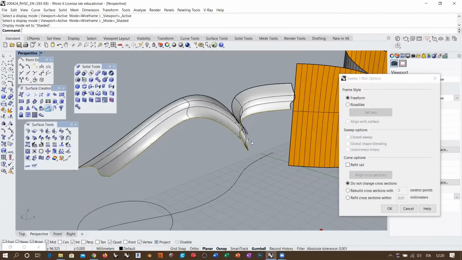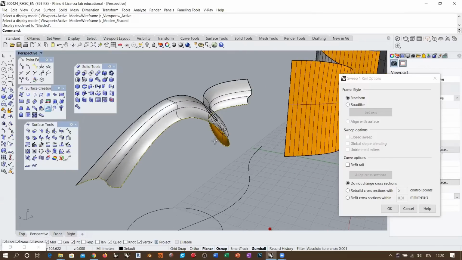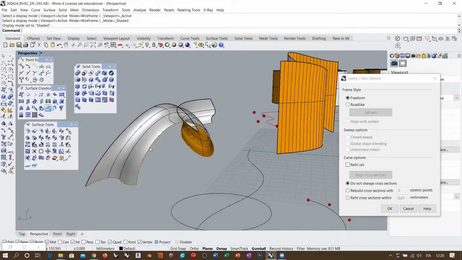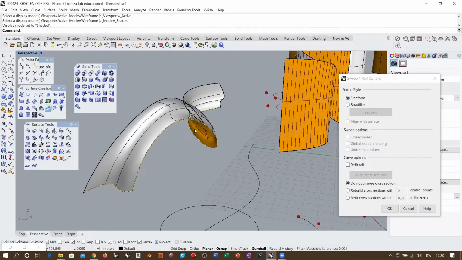So being an oriented line, it means that it flows from one point to the other, but also that when it does something like this, there is some twisting going on along the path. So freeform takes into account the eventual twisting occurring inside this curve.